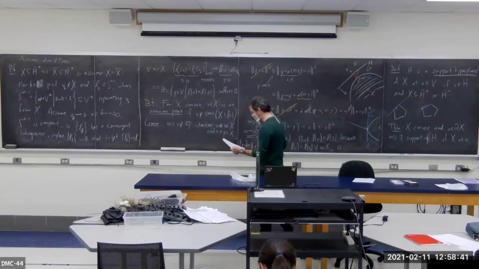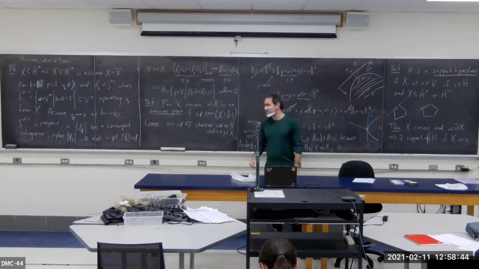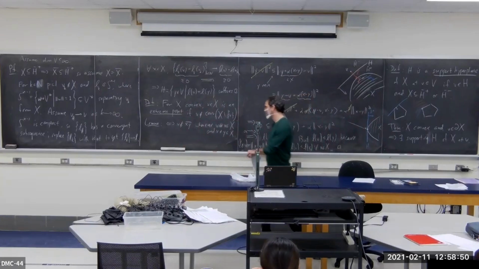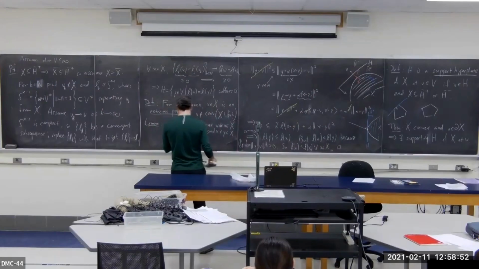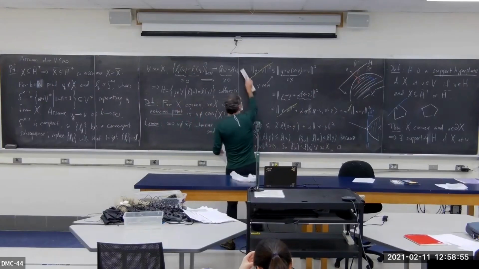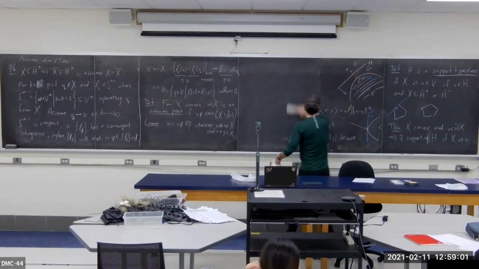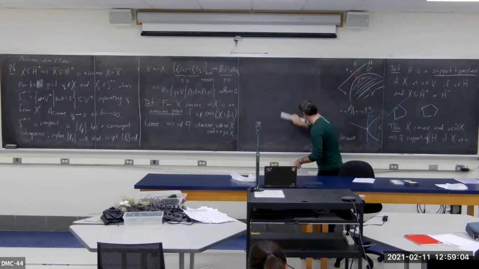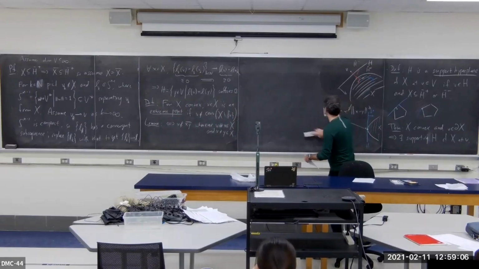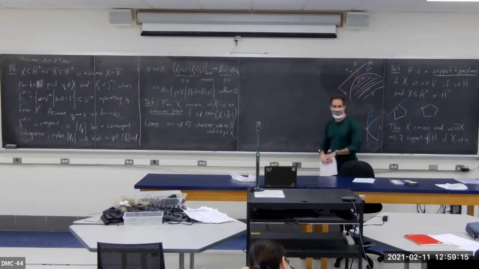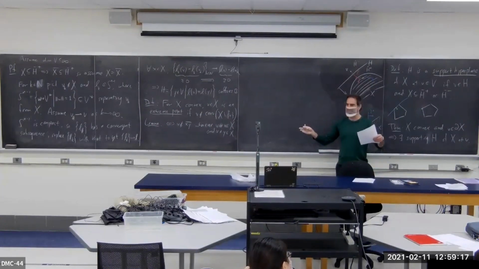What that says is that 2 points suffice to witness the non-extremeness of V, right? If I want to check that a point is not extreme, I show that it lies in the convex hull of just 2 points. How do you prove that, by the way? It's easy enough. If you have that V was in the convex hull of a bigger subset, then write it as a convex combination and then split the convex combination into 2 pieces. And then one piece will be x and the other piece will be y.